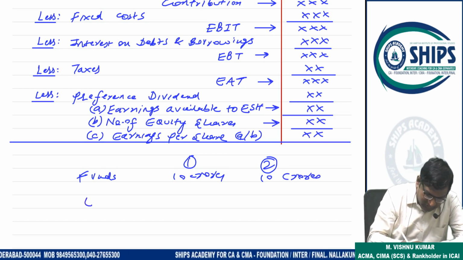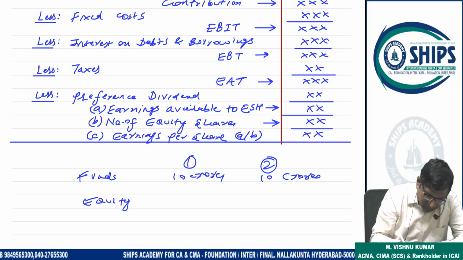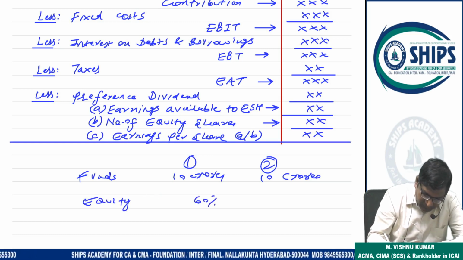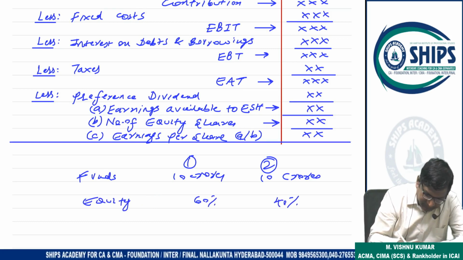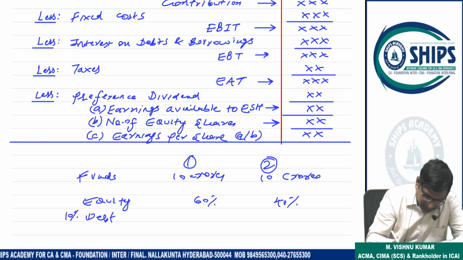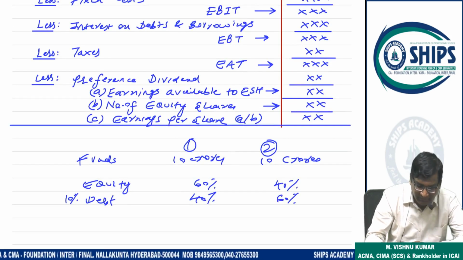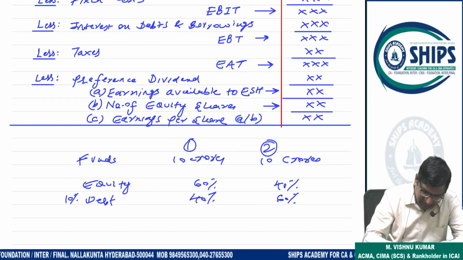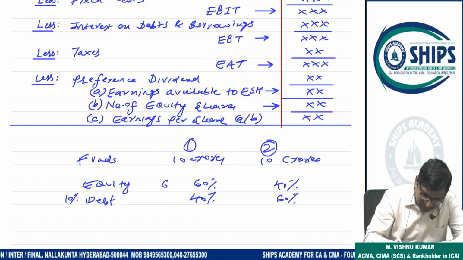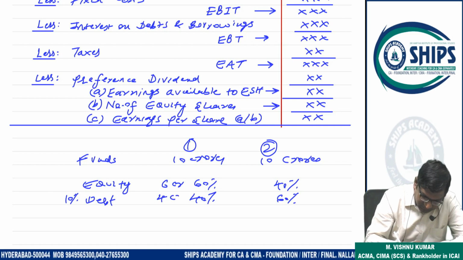Out of 10 crores, equity: suppose 60% here, 40% here. Next, debt: this is 40%, this is 60%. So equity 60% means how much? 6 crores. And debt 40% means how much? 4 crores. Understand?